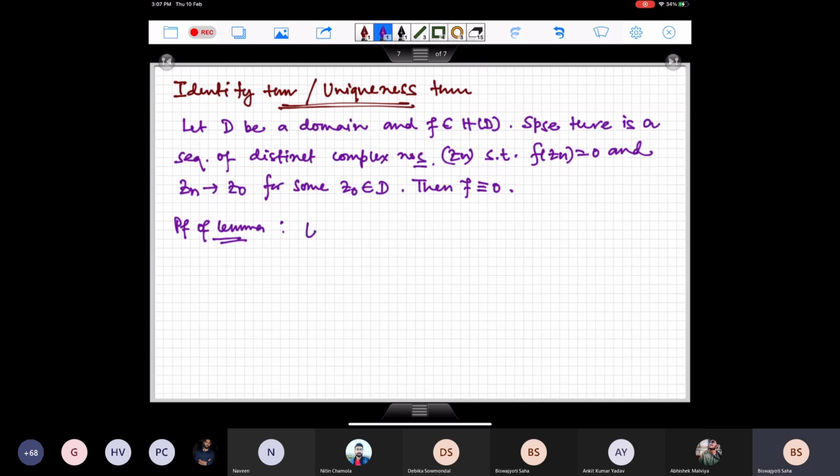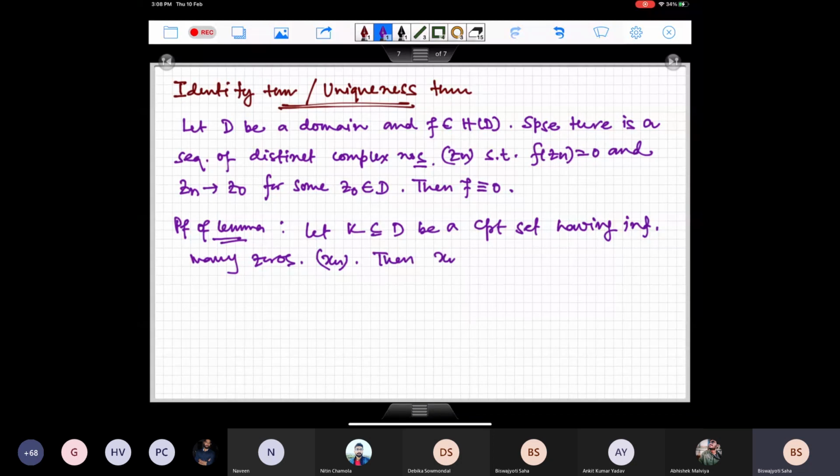So let K subset of D be a compact set having infinitely many zeros, say infinitely many zeros x_n. Then x_n has a convergent subsequence, say x_{n_k}.